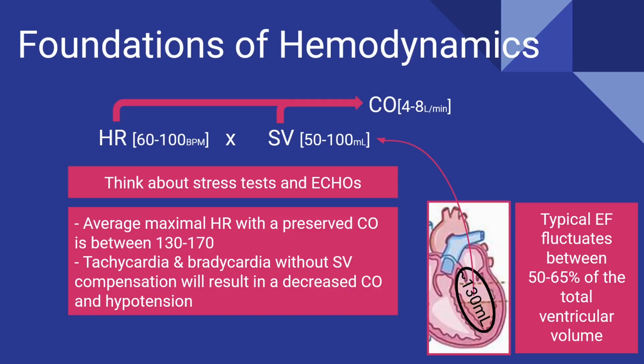So if you have a very compromised patient who has a lot of comorbidities and they have a heart rate in the 130s or 140s, I want you to think that, hey, they're probably not pumping out that efficient of a volume every minute. That might be why their blood pressure is low.